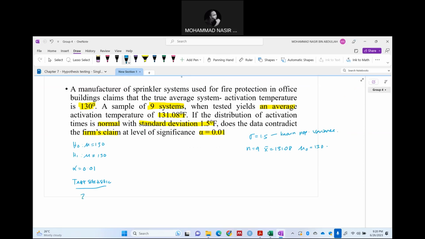So we are using Z equal to x bar minus mu naught divided by sigma over square root of n. So this should be 131.08 minus 130 divided by 1.5 divided by square root of 9. So this should be 2.16.